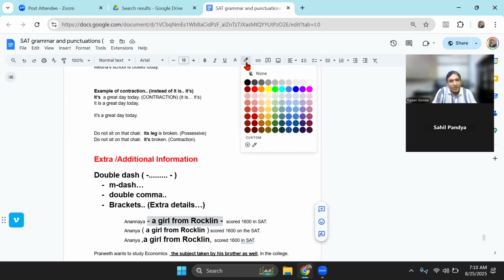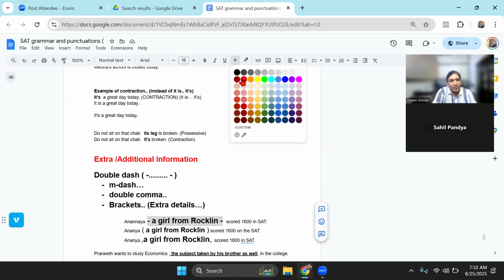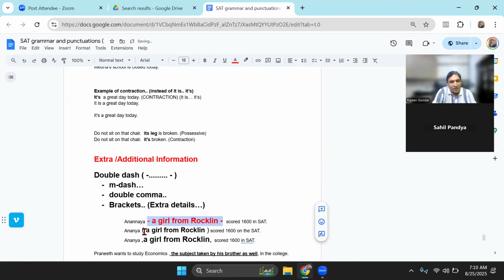This is extra information, isn't it? Yeah. A girl from Rockland is extra information. So this extra information can either go like this, or you can put it in parenthesis, or you can put it between two commas.